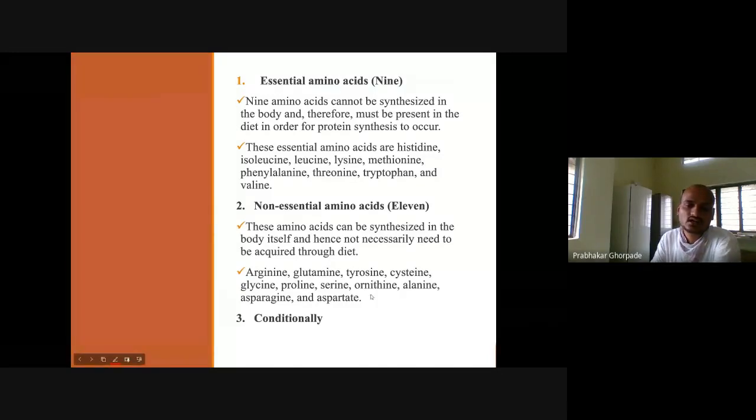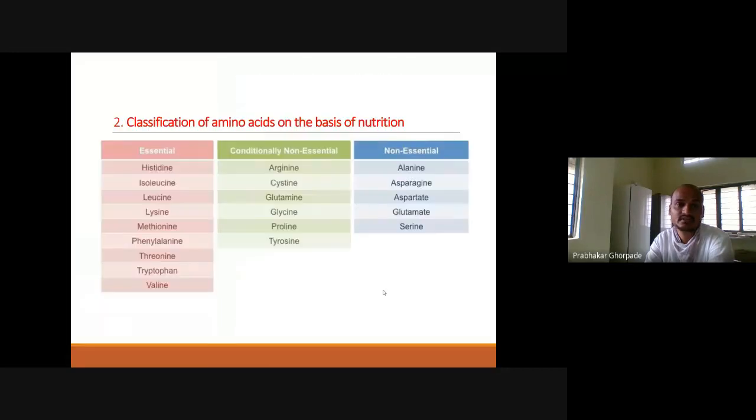Ornithine is an amino acid which is sometimes found in the urea cycle. But basically, we mainly consider 20 when we consider protein building, right? So diagrammatically, these are the essential amino acids: histidine, isoleucine, leucine, lysine, methionine, phenylalanine, threonine, tryptophan, and valine.